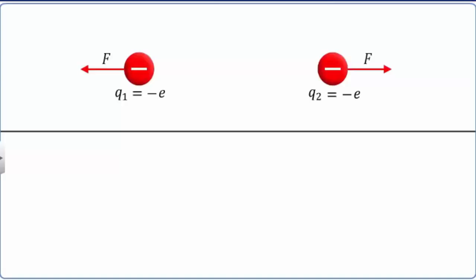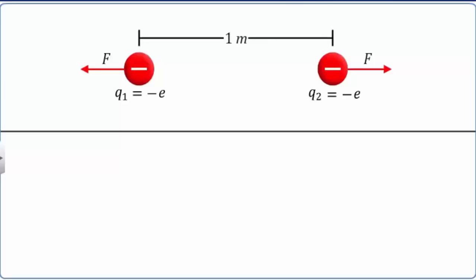Now, let us consider the electrostatic force between two electrons having a charge equal to the basic unit of charge e, which is equal to minus 1.6 into 10 power minus 19 coulomb, and separated by 1 meter in vacuum.